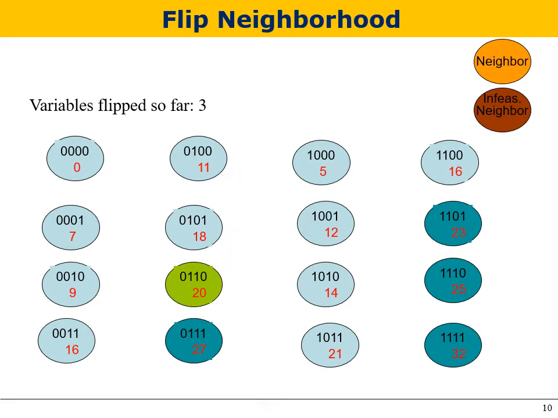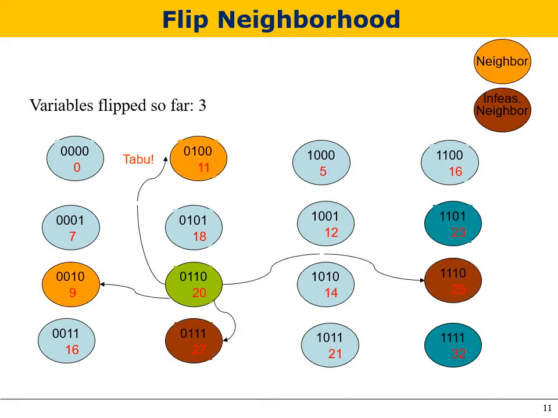We will forbid flipping the third variable. And the current objective function value is 20. Previous was 11. So if we keep track, our incumbent is 20. The best solution that we identified until now is 20.